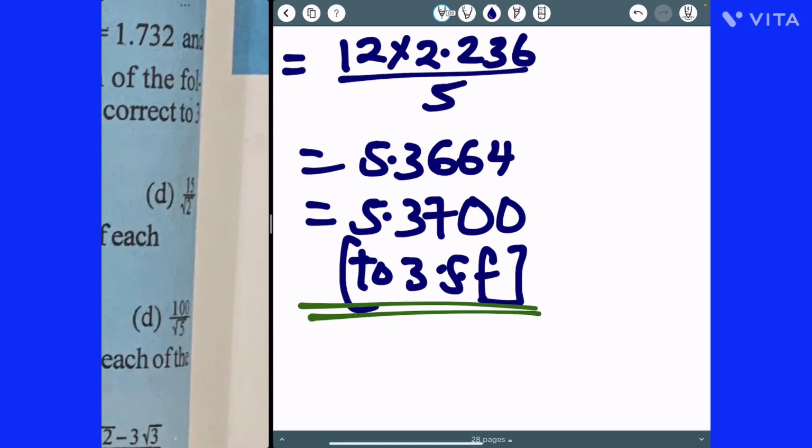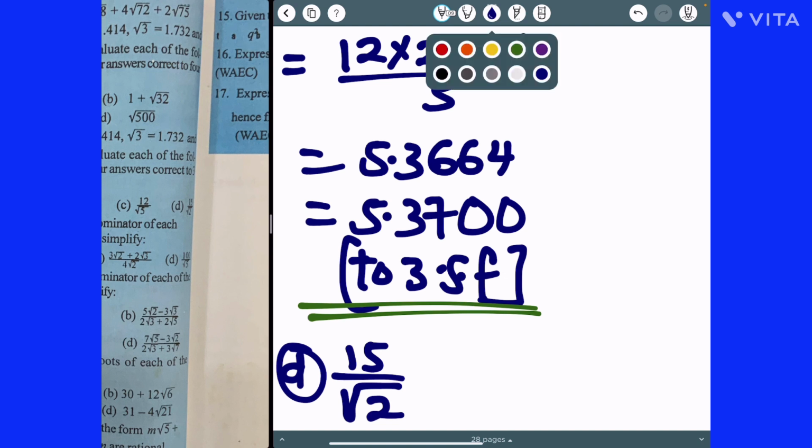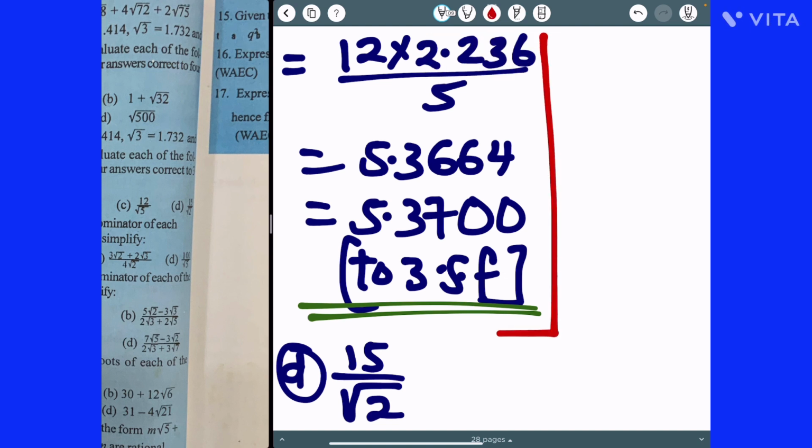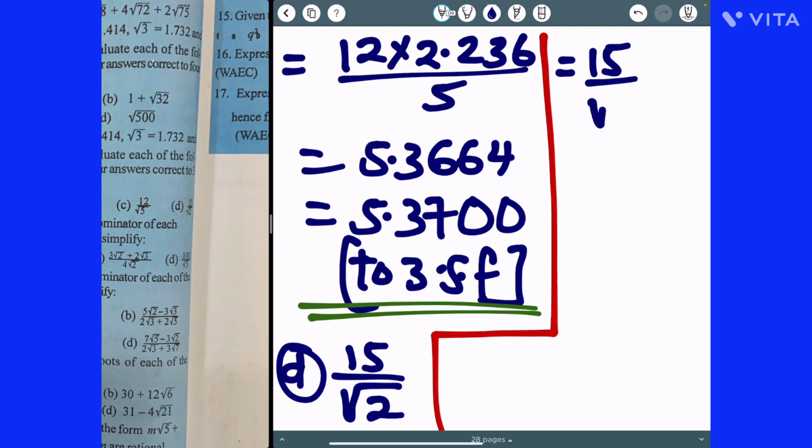The last one is D, 15 over root 2. What I need to do is very simple: 15 over root 2 times root 2 over root 2.